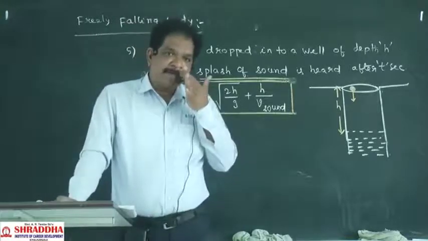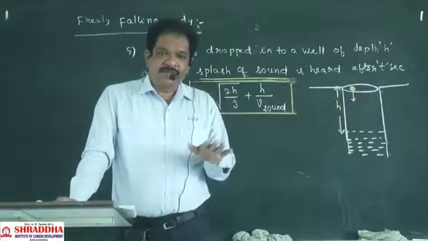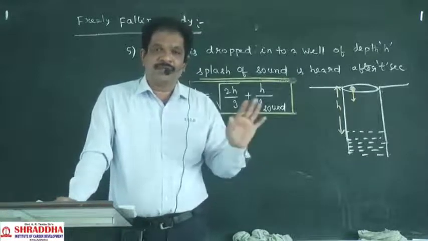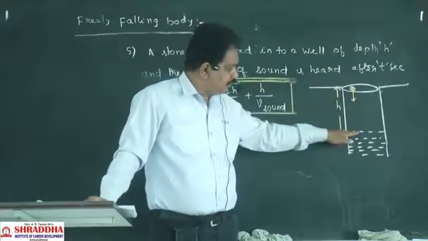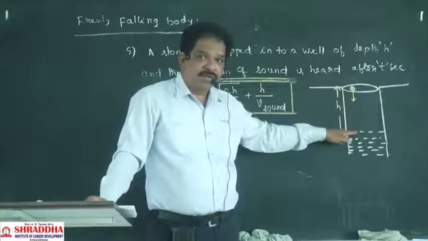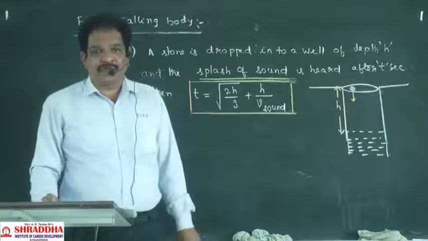The splash of sound is heard after t seconds. Splash of sound means that when the stone touches the water, it will produce some sound, which you can observe. That sound you hear after t seconds of dropping.